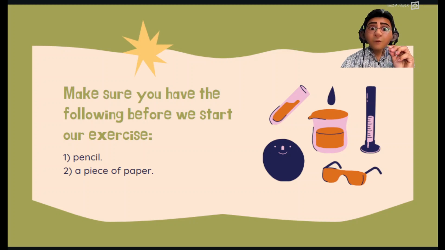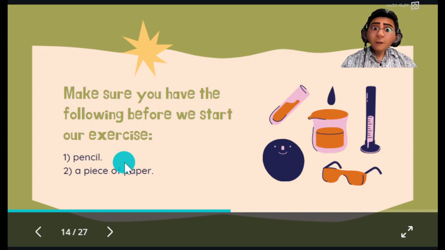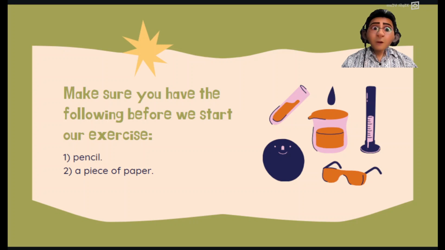Lepas tu you write on the piece of paper number 1 A kah, atau number 1 B, or maybe number 1 C. Lepas tu later on you can select A, B, C, pakai jawapan kamu tadi, masukkan dalam Google Form. Main pilih saja. Later your parents will show it to you. So this is quite easy. So here what I want is you need a pencil and a piece of paper. Tulis saja A1 A example, atau 2 B contoh.